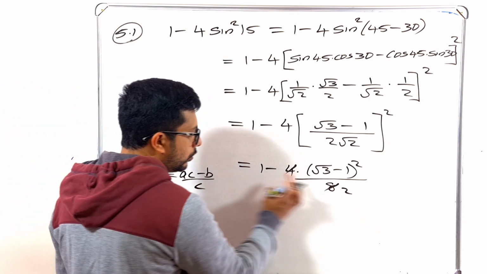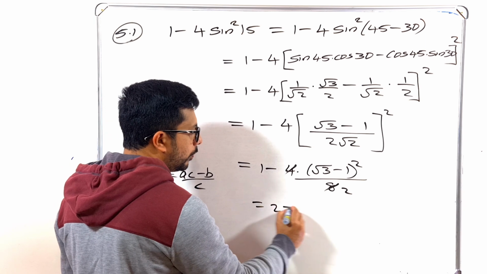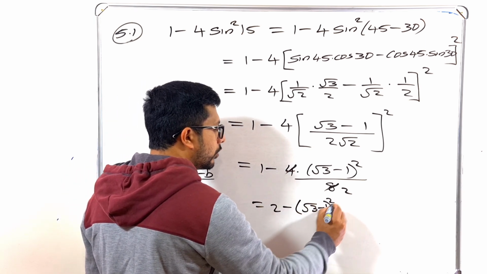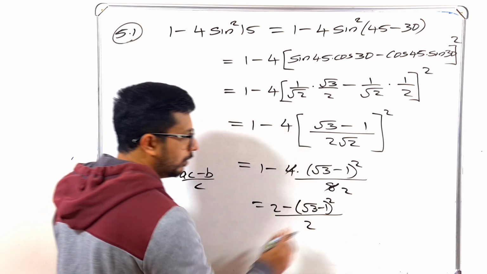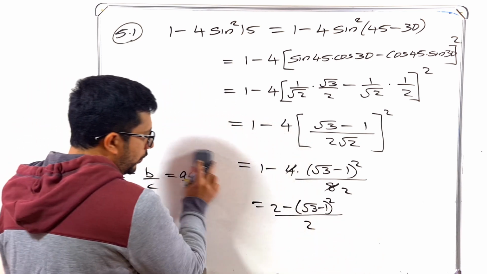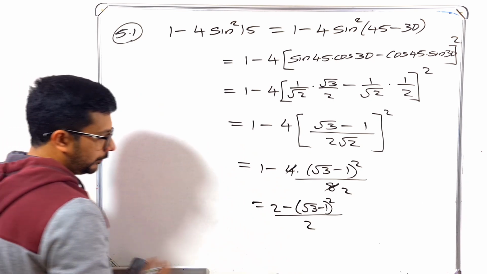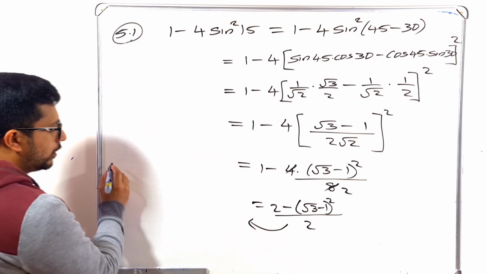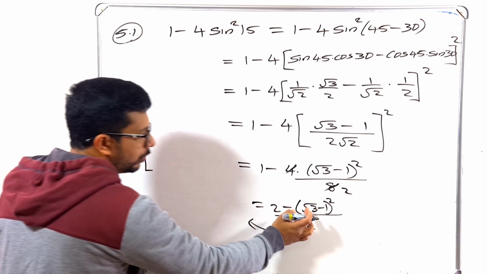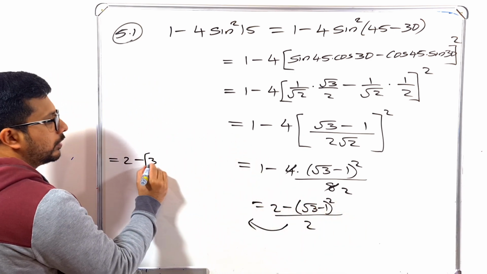So these 2 multiply with this one, that is 2 minus, then root 3 minus 1 the whole square, divided by LCD 2. Okay, so now we have to expand that bracket. So that is equal to 2 minus, if you expand that one, root 3 square, that is 3.